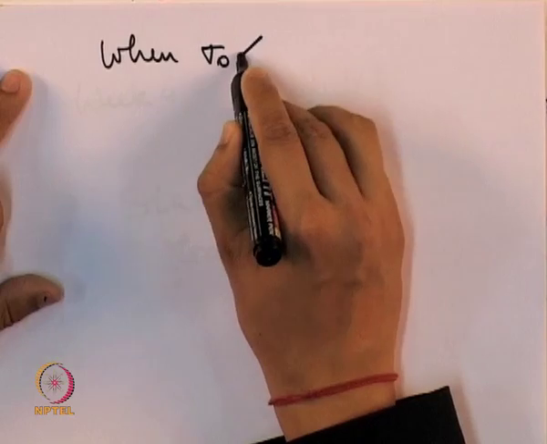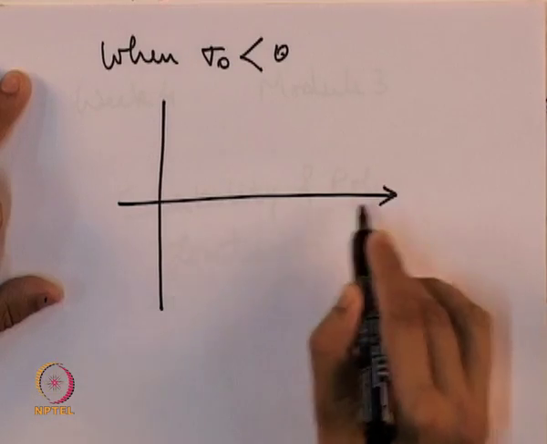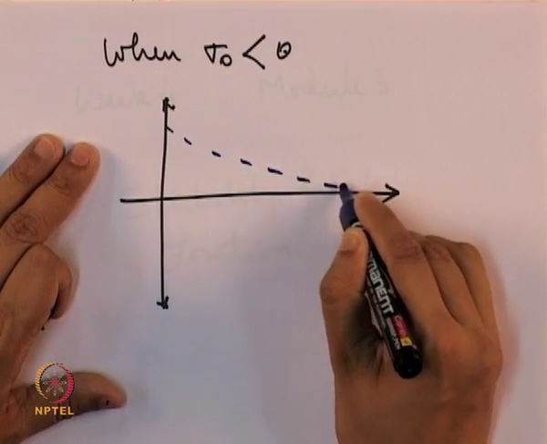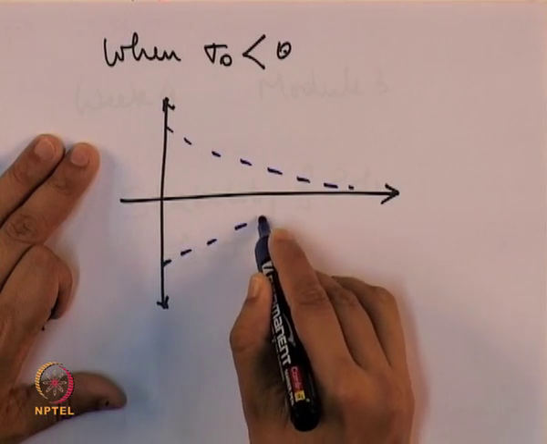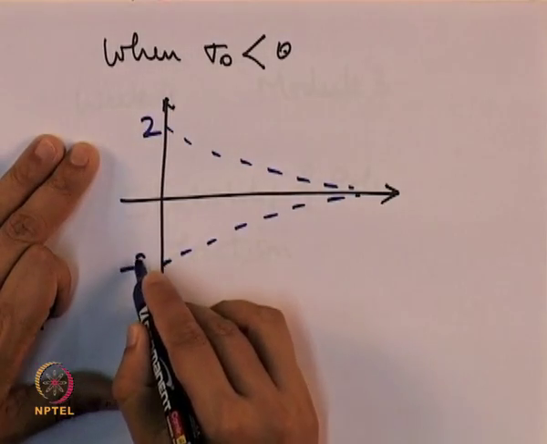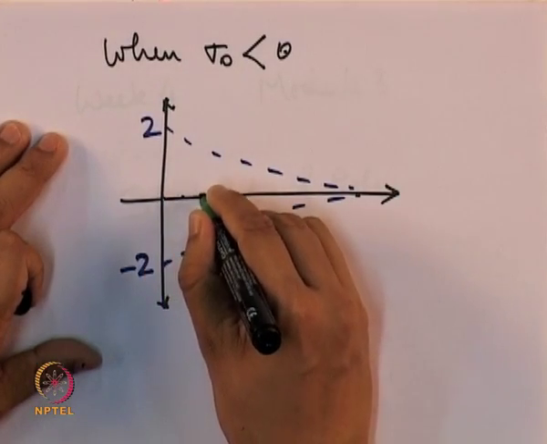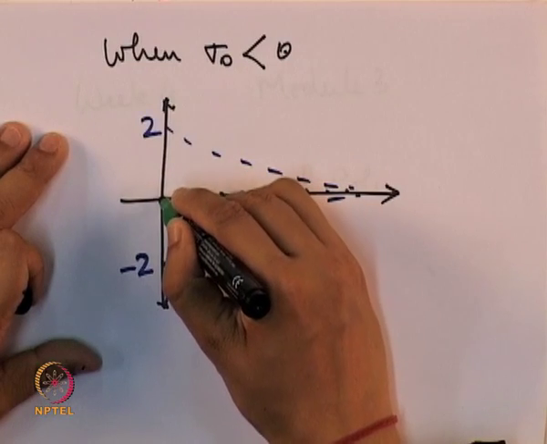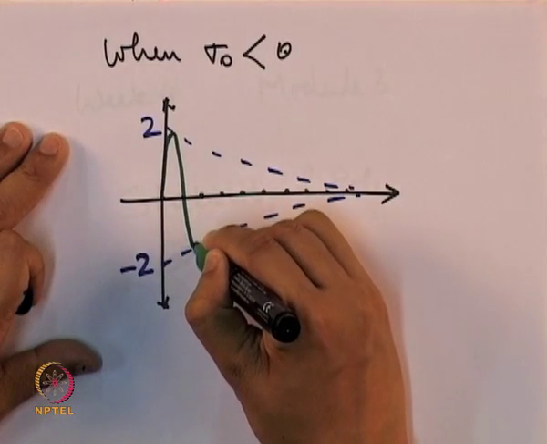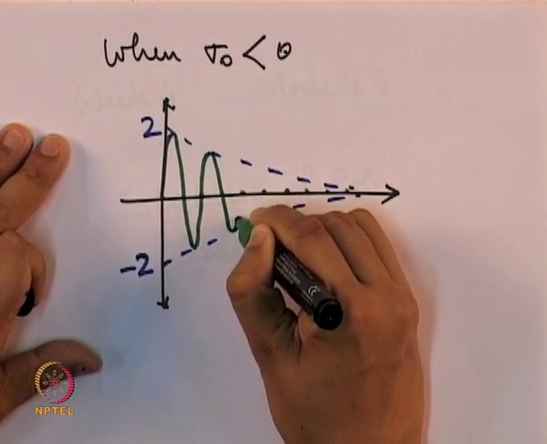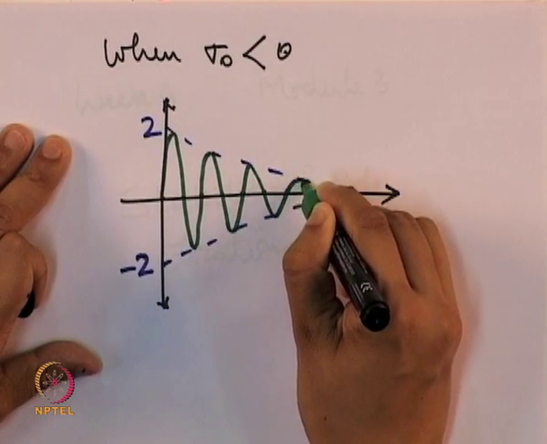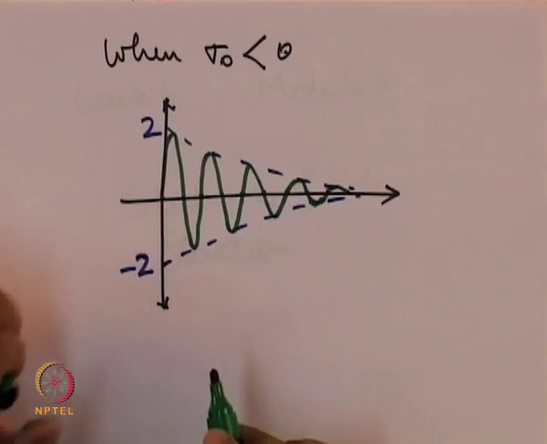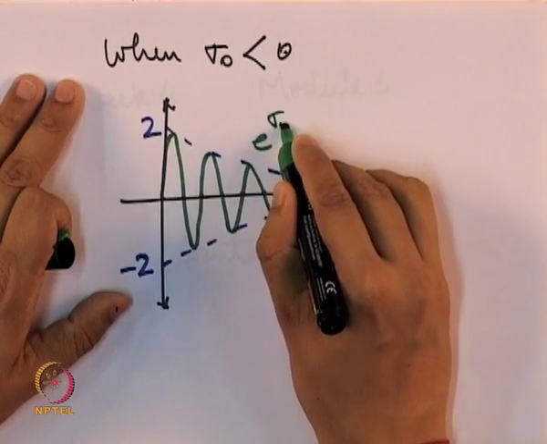When sigma 0 is less than 0, the response will be like this, and this is following this curve.